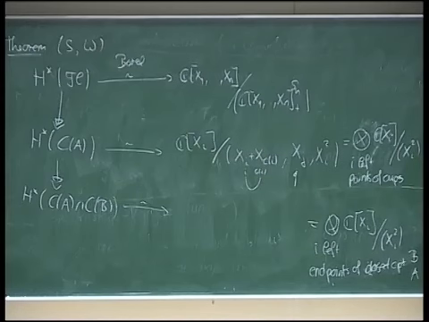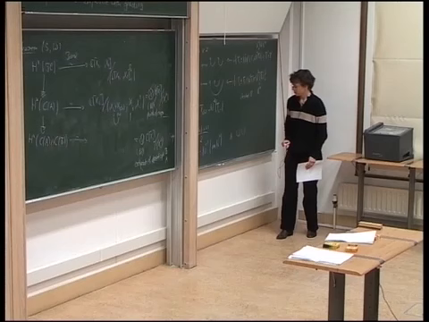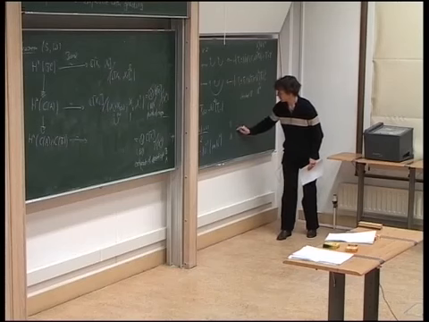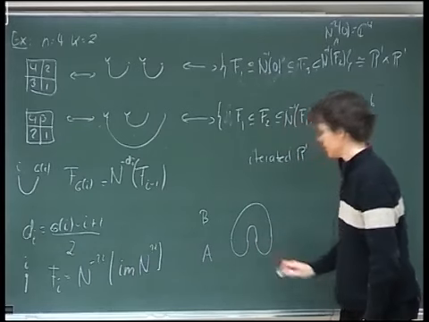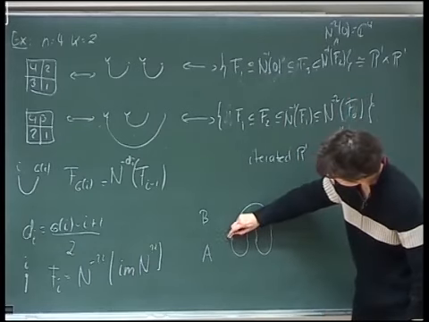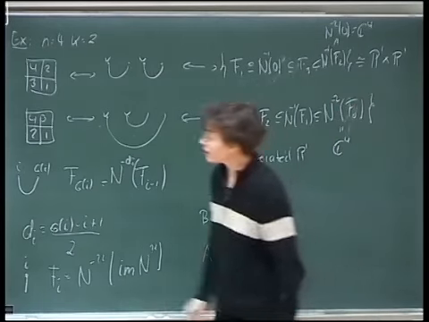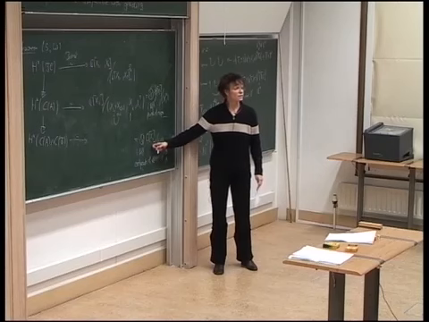If I would, for instance, take for A this thing, and for B this one, then I have to take here the left endpoint, and then they would label these guys.